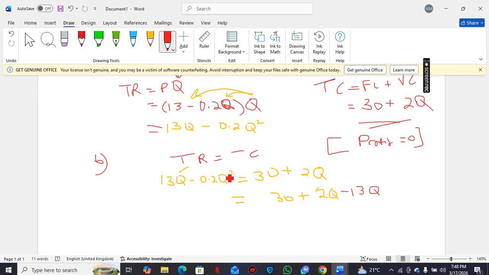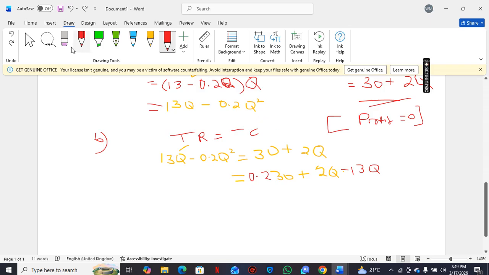This negative 0.2Q squared, when we take it over, it becomes positive, so we can bring it here: 0.2Q squared plus 30 plus 2Q. Any questions, colleagues?